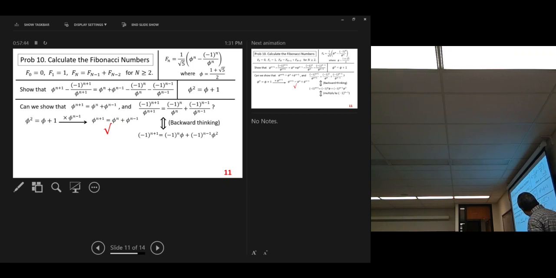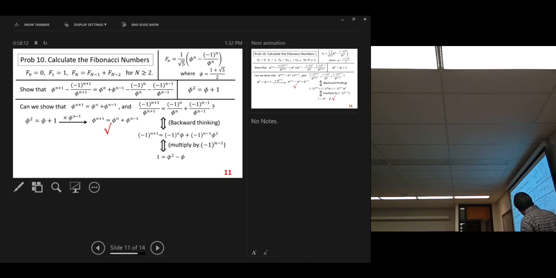But now we need to remove the negative 1 to a certain power. How about we multiply by negative 1 to the n minus 1 power? This number multiplied by that is 1, because n plus 1 plus n minus 1 is 2n, and negative 1 to an even number is positive 1.